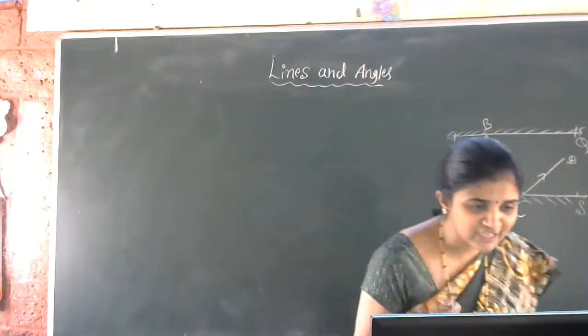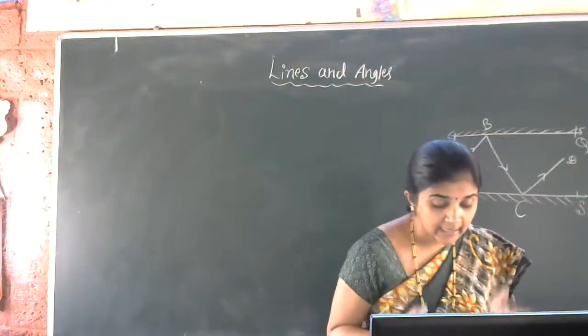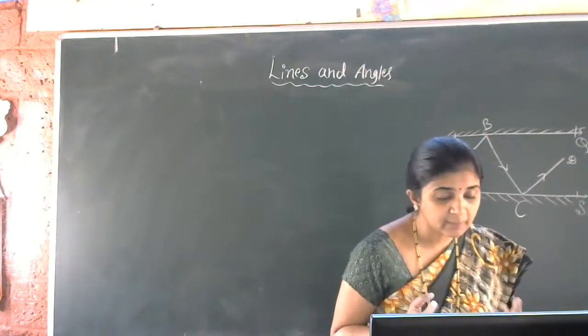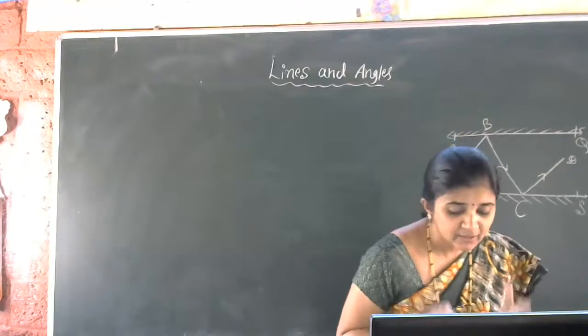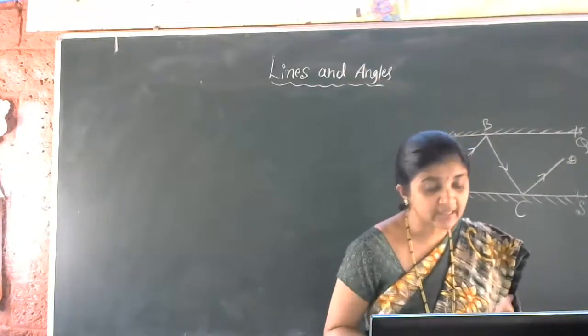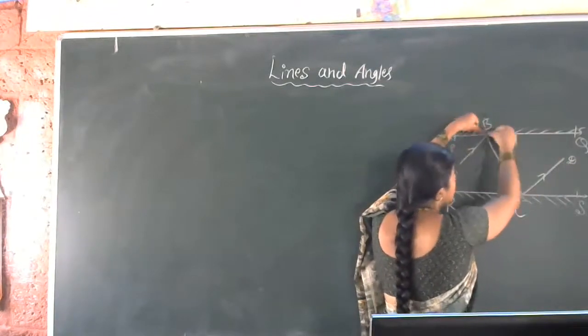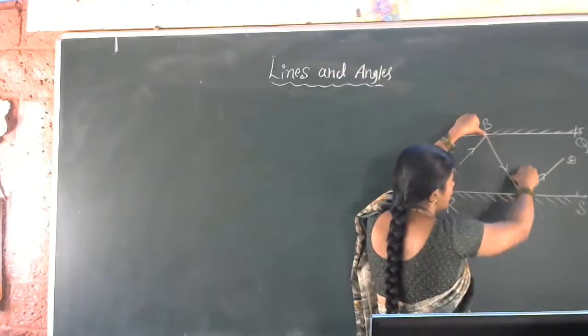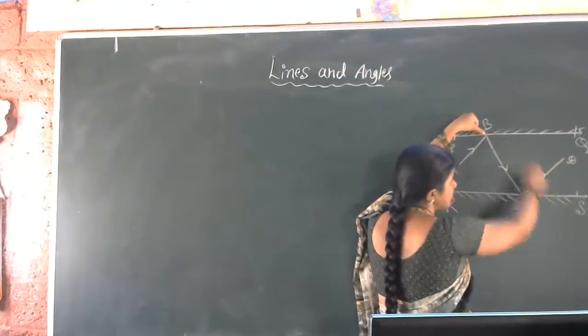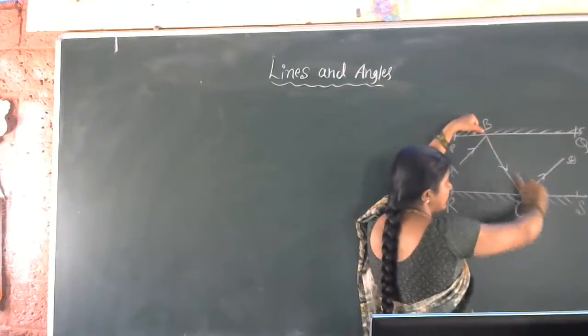You have studied this in science, no? The reflected ray moves along the path BC. So when the ray AB is incident on PQ, the reflected ray moves along the path BC, reflecting in this direction.